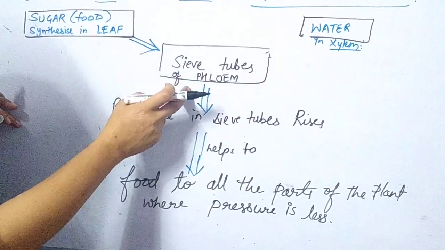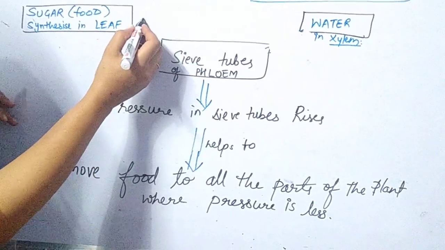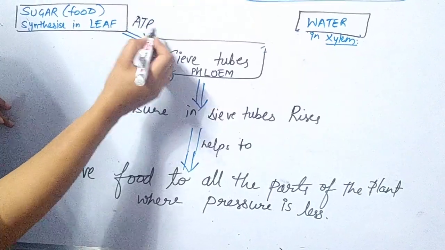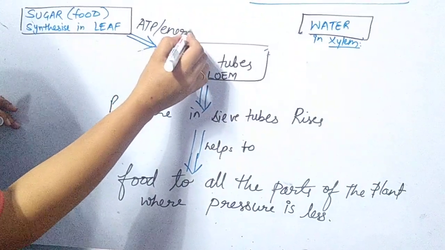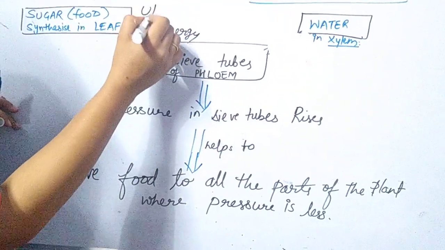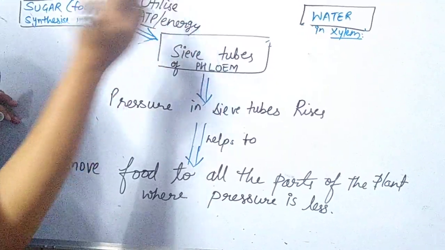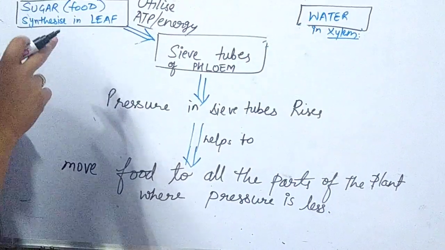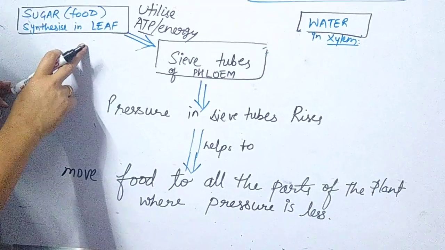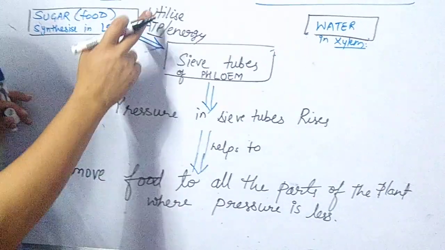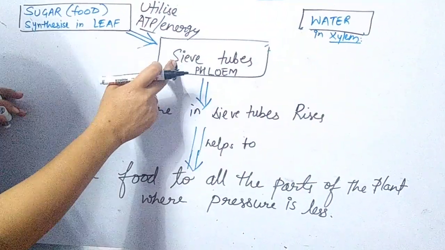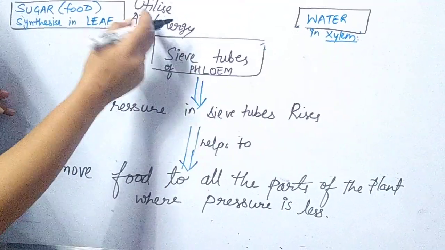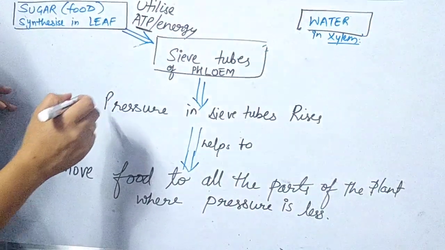It enters into the sieve tubes of phloem by utilizing ATP, that is, by utilizing energy. You have to write down on this arrow that sucrose, which is synthesized by photosynthesis in the leaf, has to be loaded into the sieve tubes of phloem by utilizing ATP energy.